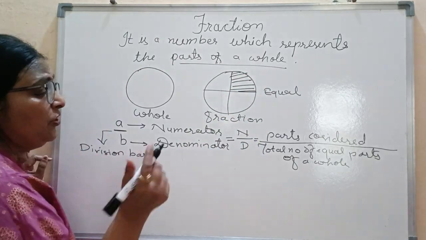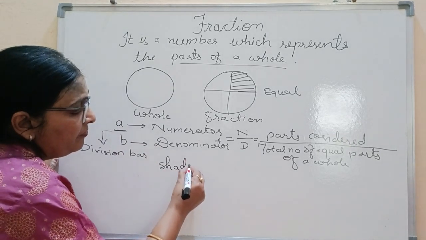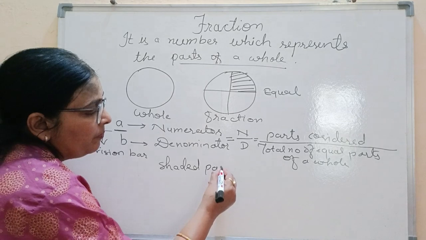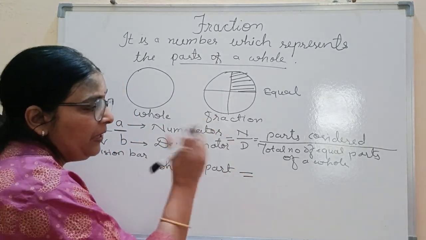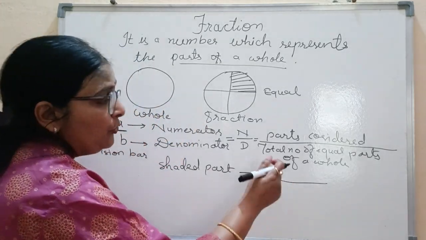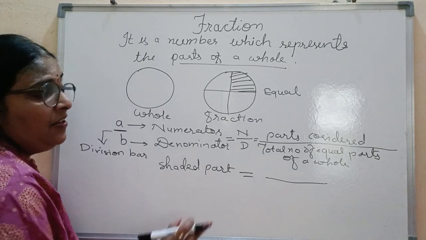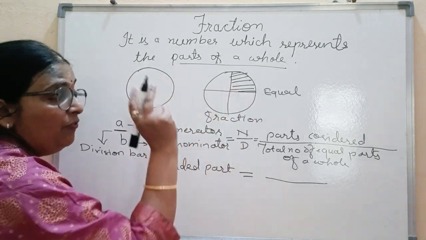So what will be the fraction of the shaded part? You are going to write it in the form of n by d. What do you write? The total number of equal parts of a whole. So how many total equal parts are in this figure? 4.